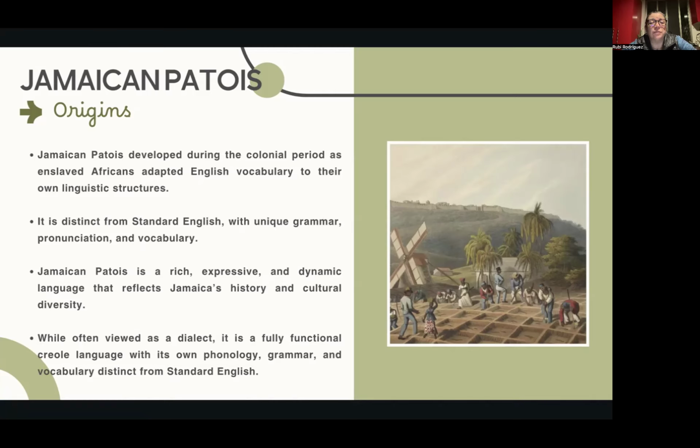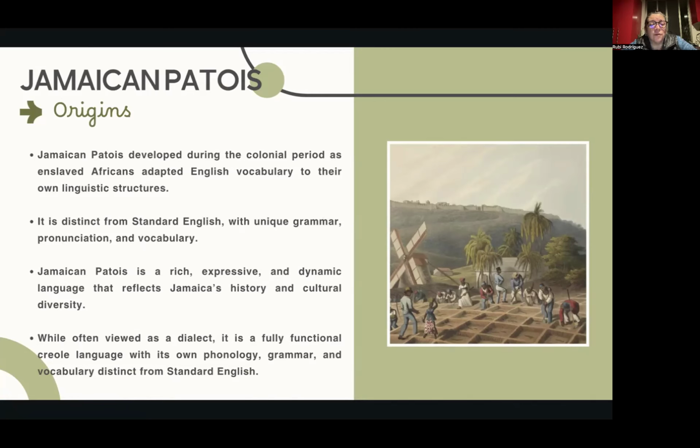It was developed during the colonial period. It is distinct from standard English, with unique grammar, pronunciation, and vocabulary, because these people wanted to have this connection of their own. Jamaican Patois is a rich, expressive, and dynamic language that reflects Jamaica's history and cultural diversity.